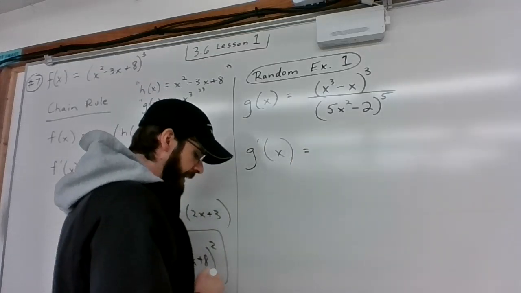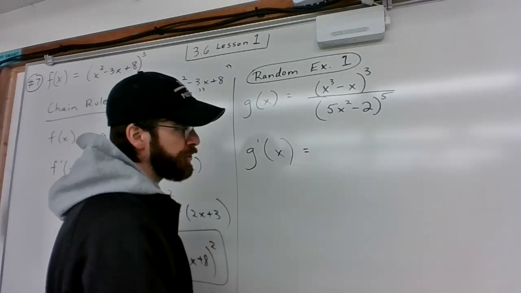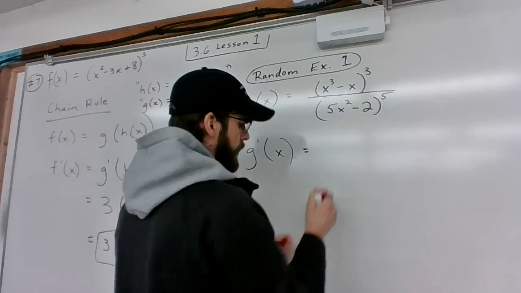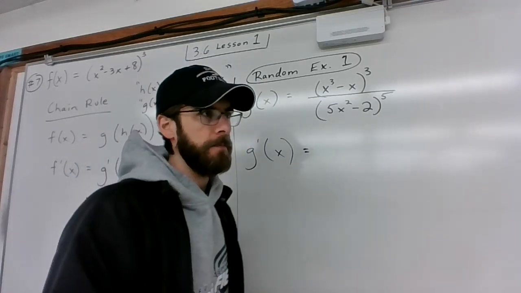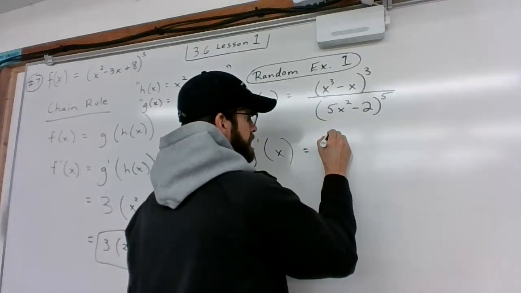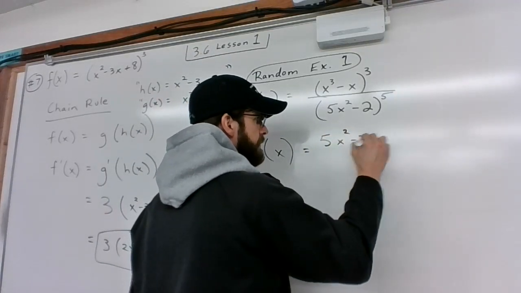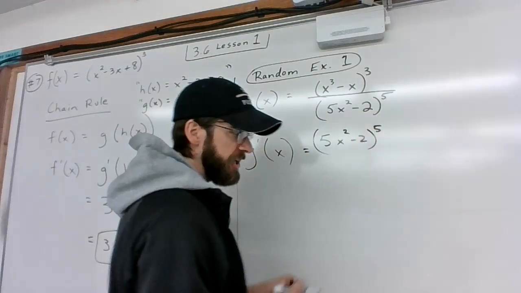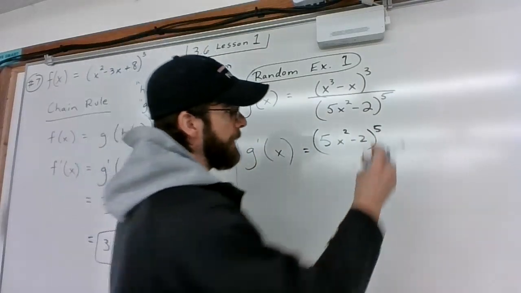So the bottom times the derivative of the top is how quotient rule starts it out. So I'll do rewrites in black, derivatives in red. So the bottom, unchanged, times the derivative of the top.